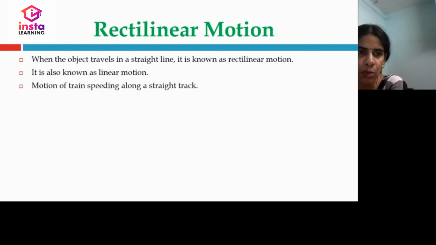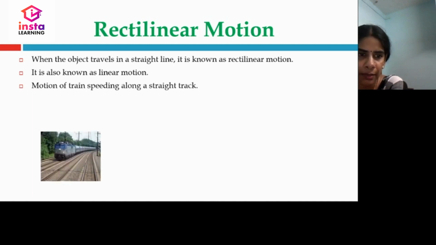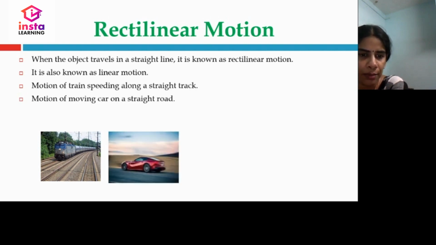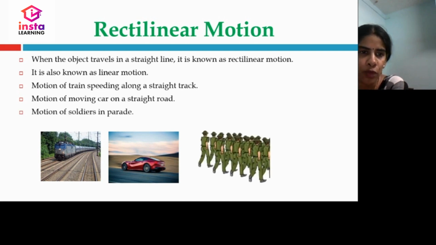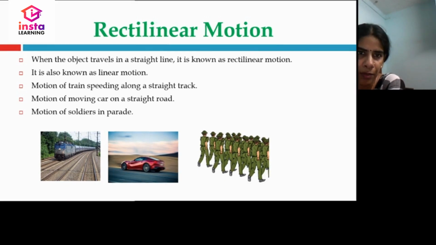You can see this in the motion of a train speeding along a single track, motion of a moving car on a straight road, motion of soldiers in a parade. So rectilinear means objects moving in a straight line.